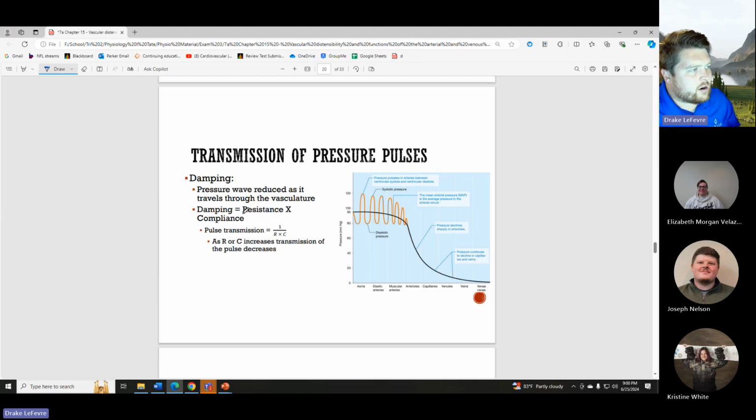That's our resistance. So resistance times compliance equals damping. There's another equation to write down. Pulse transmission, another equation to write down. This is literally just explaining that the further blood travels, the less aggressive the wave is.